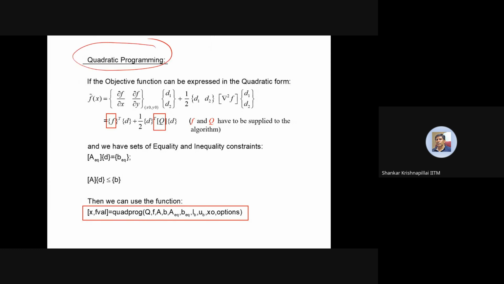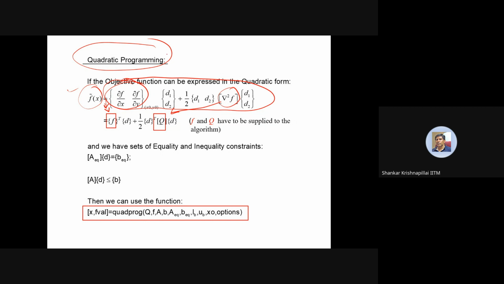So we already studied the theory of quadratic programming. So what you do is that the objective function is approximated to this quadratic form. Okay. And this del squared f is actually q, and this partial f by partial x, partial f by partial y is this del f matrix, or Hessian matrix.